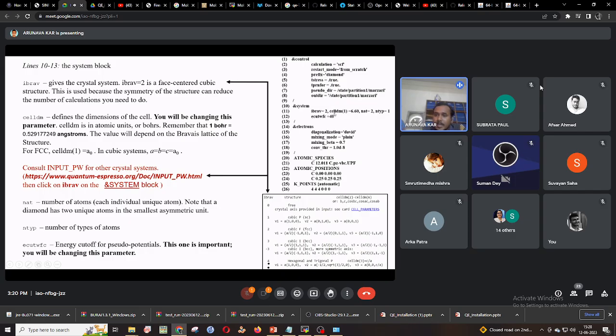So I am giving celldm(1) equal to 6.60. Here one should notice that this 6.60 is in Bohr units, not in angstrom units, because Quantum ESPRESSO understands this as Bohr units. So we need to give it in Bohr units.